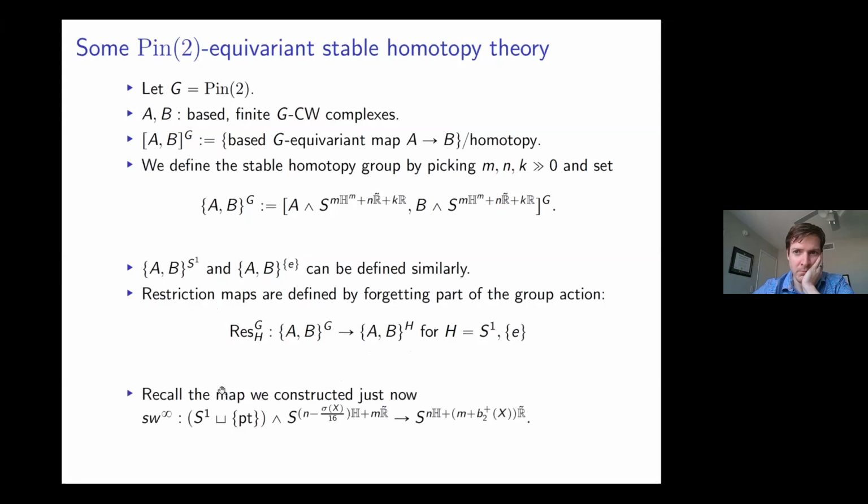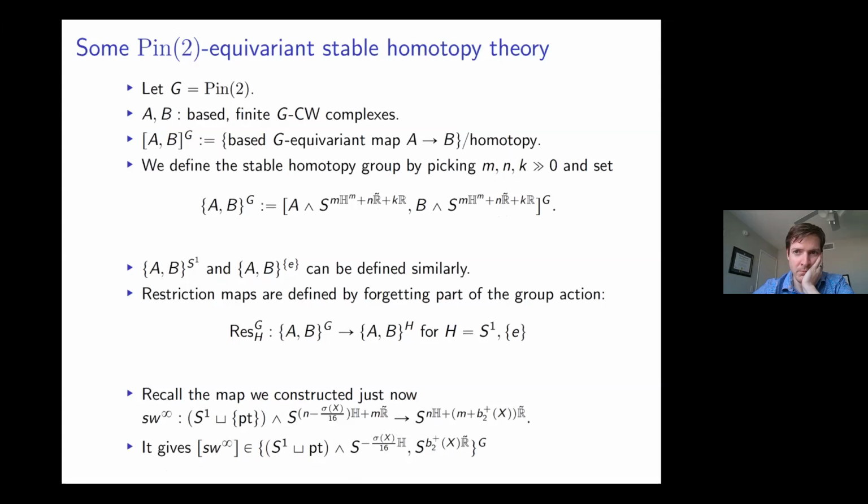Okay, and recall that from the construction of stabilization theory, we have this Pin(2)-equivariant map. It is a Pin(2)-equivariant map from this space smash some sphere to another sphere, and it provides an element in this Pin(2)-equivariant stable homotopy group. Because we are working in a stable world, you can just ignore this Mn. So that's an element in this stable homotopy group.